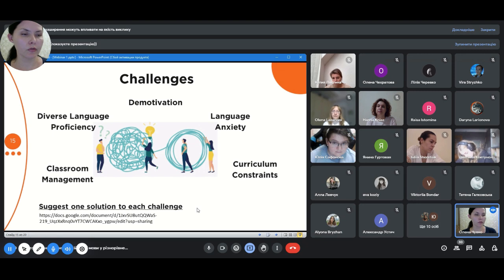But how can you do that if all the levels are different? So you can ask yourself, should I create three different sets of teaching materials for high level, average level, and lower level students? Or should I modify one and the same activity so that it becomes feasible and challenging for every single group in my class? So that is the first challenge, diverse language proficiency levels.